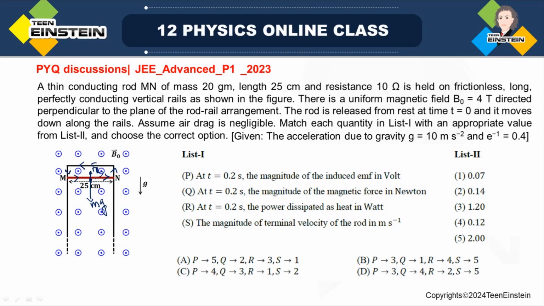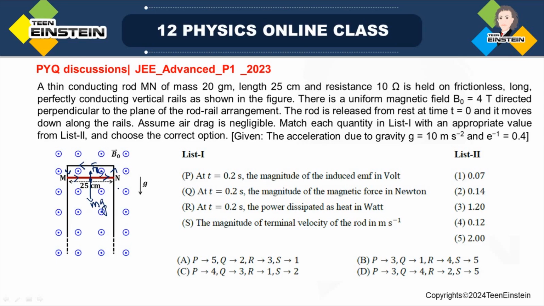So there are two forces, and the weight of the rod will be greater than this magnetic force initially.